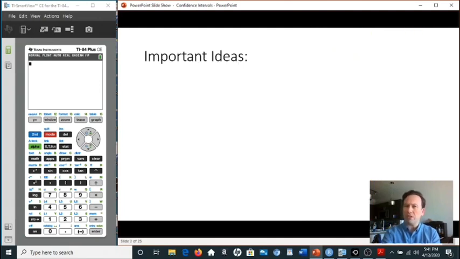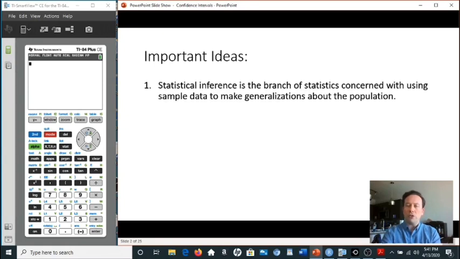So first, let's discuss some important ideas about confidence intervals. This is the beginning of what we call the inferential branch of statistics. Everything we've done up to this point has been part of the descriptive branch of statistics, where we collect data, we graph it, we calculate averages and standard deviations, and kind of describe the shape of the data.